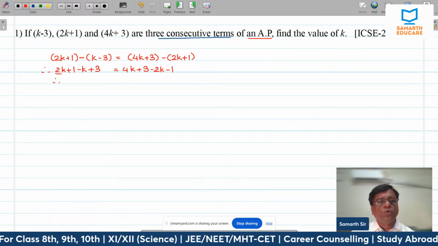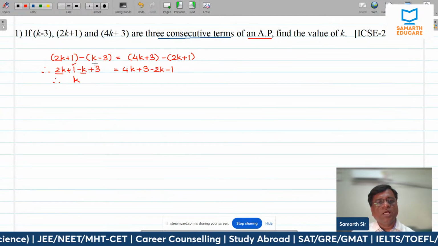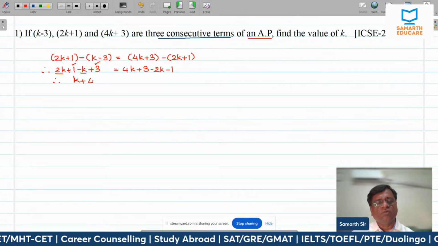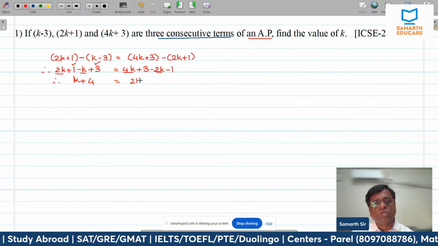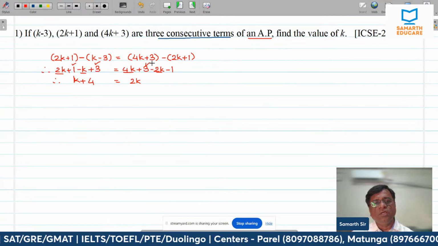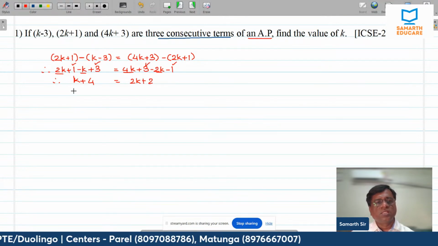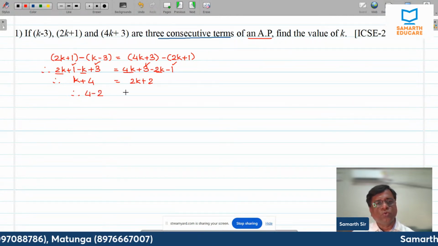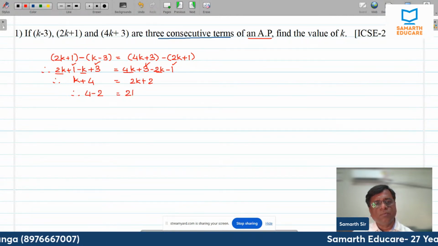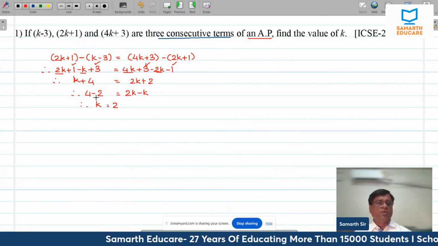Now 2k minus k is k, 1 plus 3 is 4 on the left hand side, whereas on the right hand side 4k minus 2k is 2k, 3 minus 1 is 2. So 4 minus 2 is equal to 2k minus k. Now 2k minus k is k, and that is equal to 2, right?